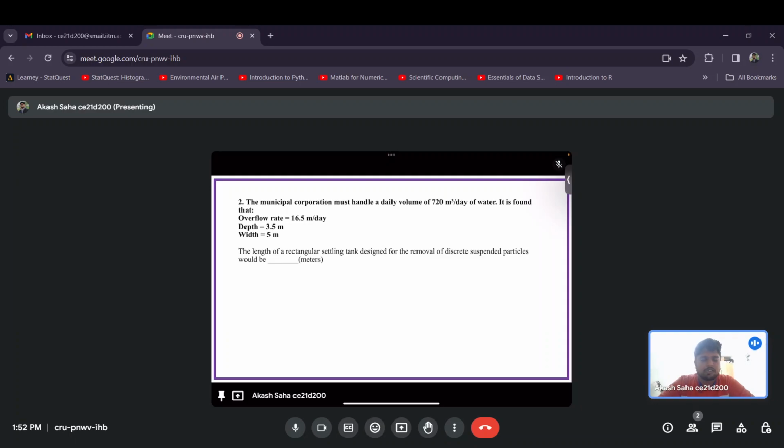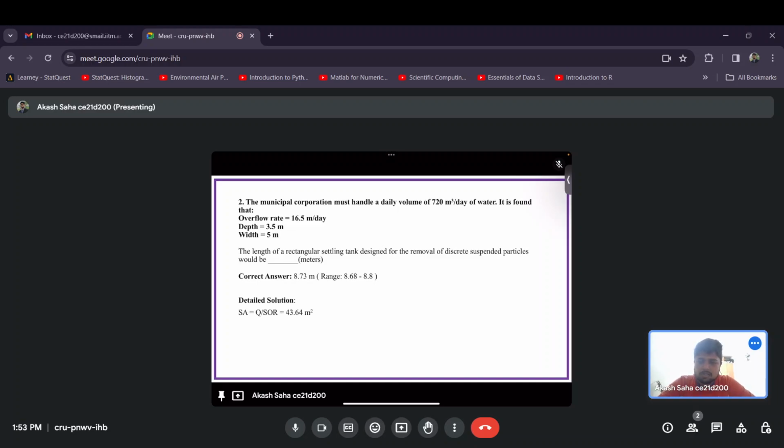So surface overflow rate or overflow rate is the same thing, which is given as 16.5 meter per day. Now we'll see the solution of this problem. The correct answer is 8.73 meter. We'll see how it comes.